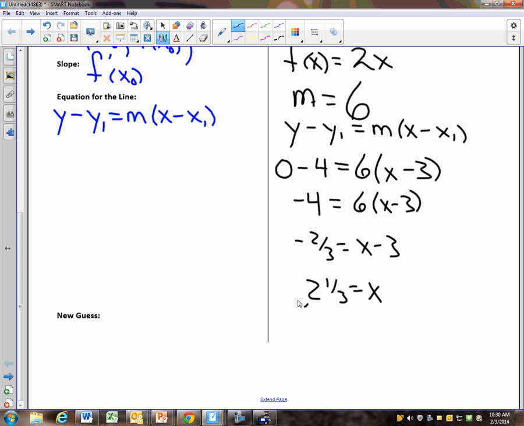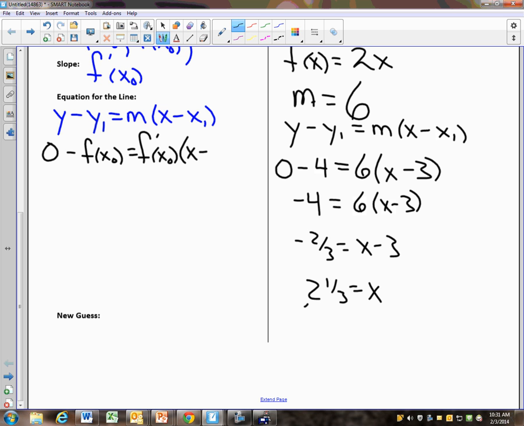If we're solving for the x-intercept, what's the y value? 0. Minus. Over here, what is my y sub 1 value? F of x sub 0 equals, what's m? F prime of x sub 0 times x minus, what's x sub 1?